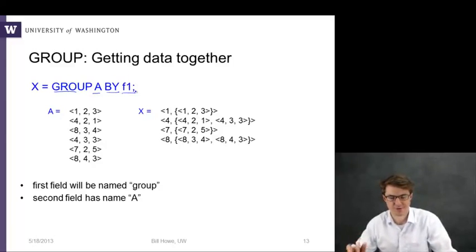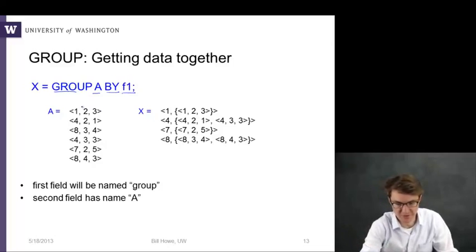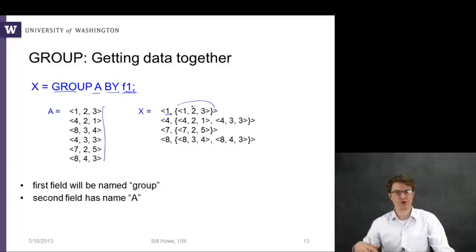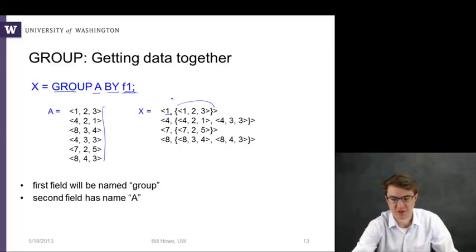If this is A and we group by F1, what we get out is tuples, but now the first column is the one we grouped by, F1, and the second field is now a bag, a little group representation of all the tuples associated with this particular key. If you look over here, there's only one tuple with 1, and that tuple appears in the group.